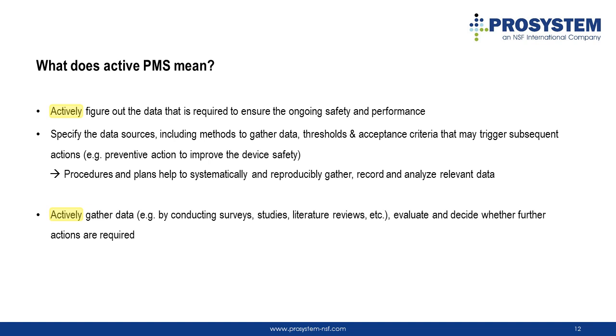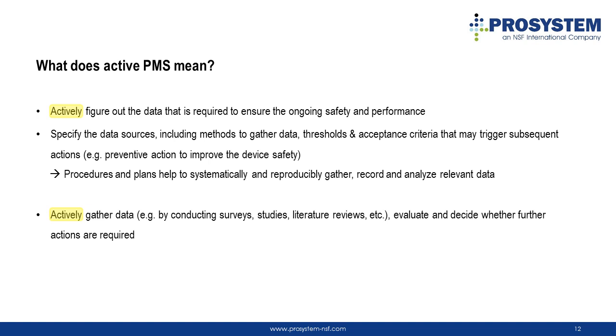So, what does proactive PMS mean? Let's look at it step by step. First, the manufacturer has to actively figure out the appropriate data that is required to continuously verify and ensure the safety and performance of the device throughout its entire lifetime. Second, the manufacturer must specify the sources and data gathering methods that deliver the required information.